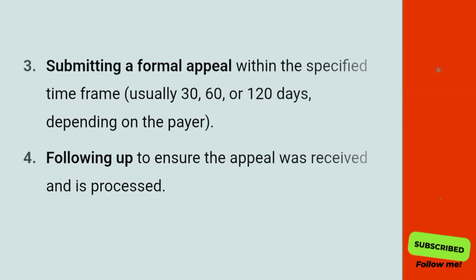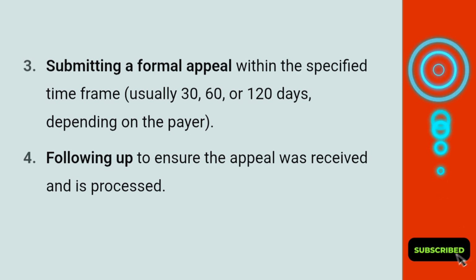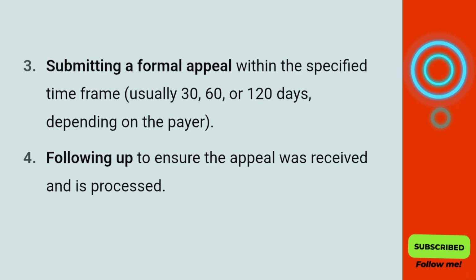The third one is submitting a formal appeal within the specified time frame, usually 30, 60, or 120 days, depending on the payer. Then follow up to ensure the appeal was received and is processed.